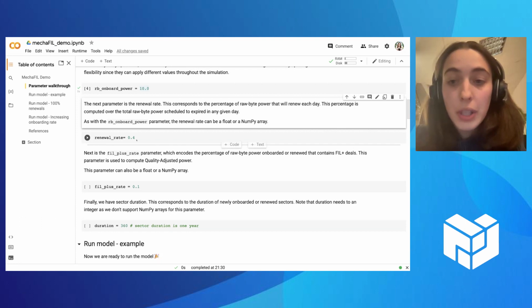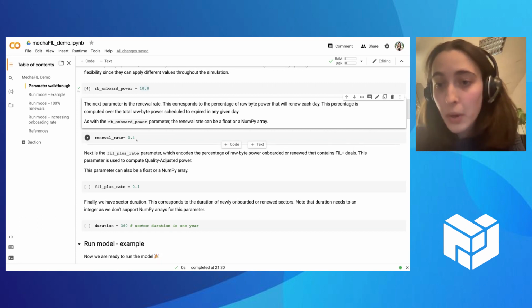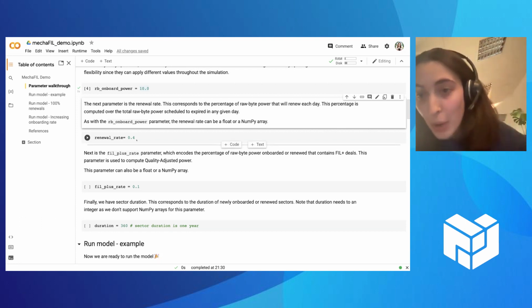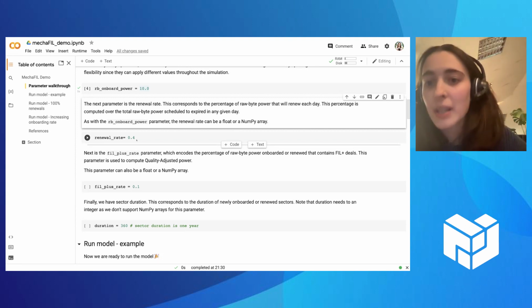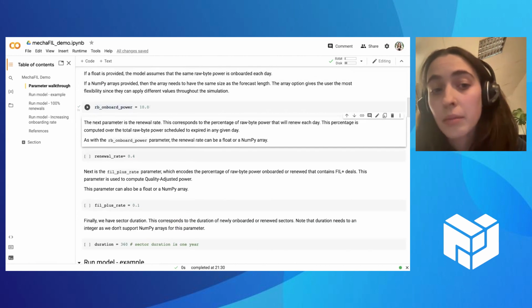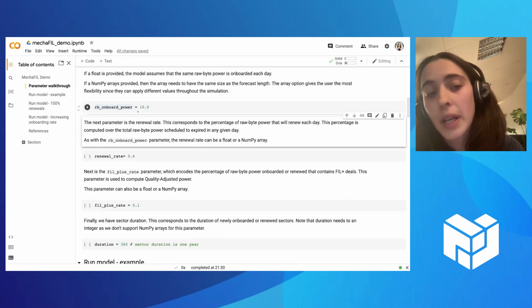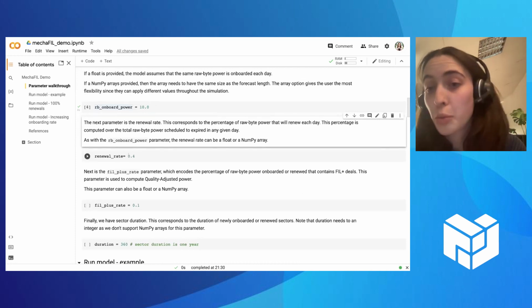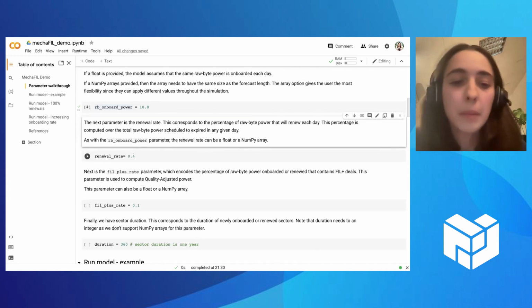And so this is essentially the percentage of raw byte power from the power that is scheduled to expire, how much is being renewed. Okay, so the more power that is being renewed, this means that the more power the network is retaining every day. As with the power, the second parameter, this one can also be a number or a vector.